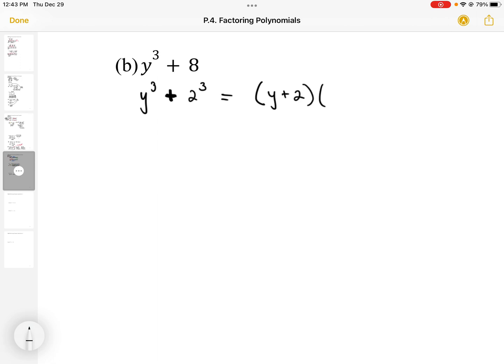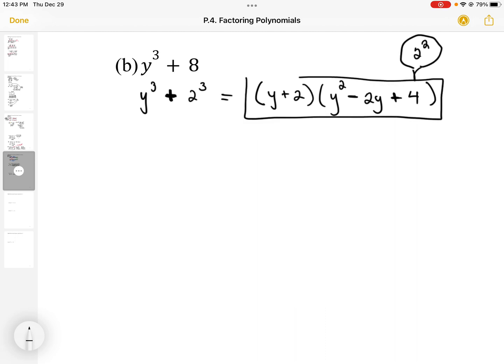We add them together. We square the first base. We subtract, that's our different sign. We multiply our two bases together, that's 2 times y. Our last term is plus 2 squared, which I'm going to write as 4. And that's going to be our answer in factored form.